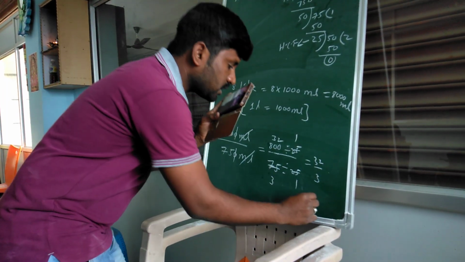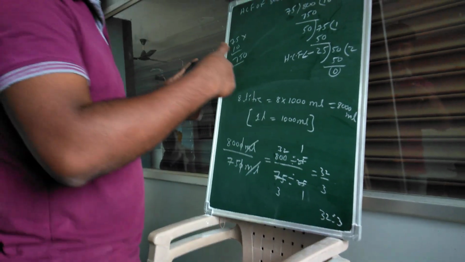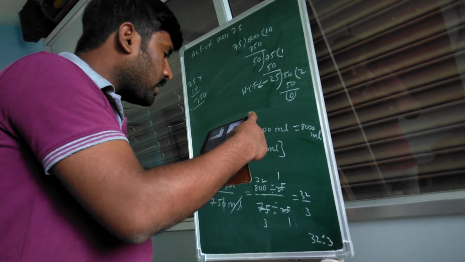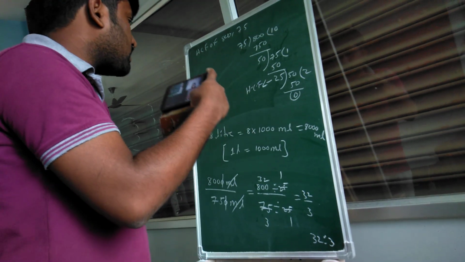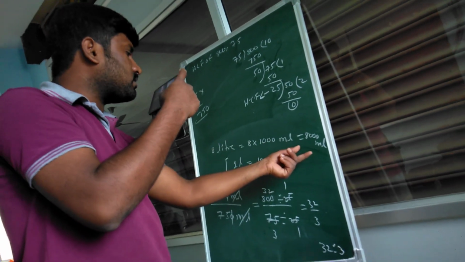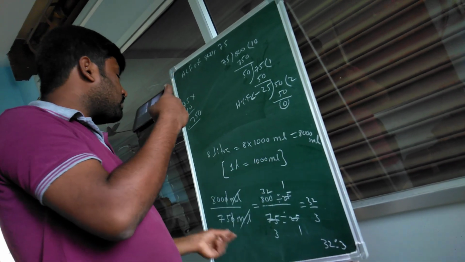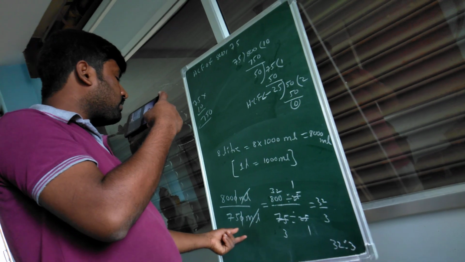32 by 3 is nothing but 32 is to 3. Okay students? So are you understood clearly? First of all I converted liters to milliliters. 8 liters, that is 8000 milliliter. So 8000 milliliter by 750 milliliter.